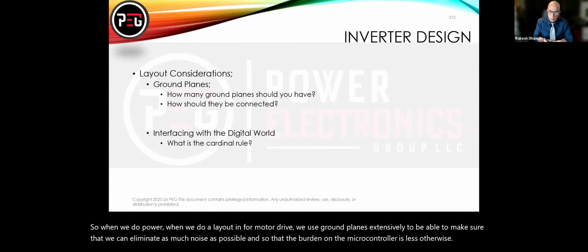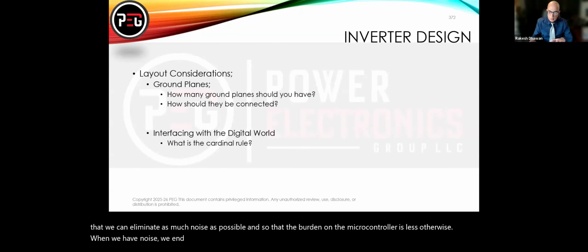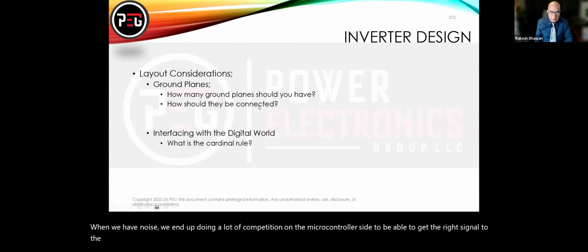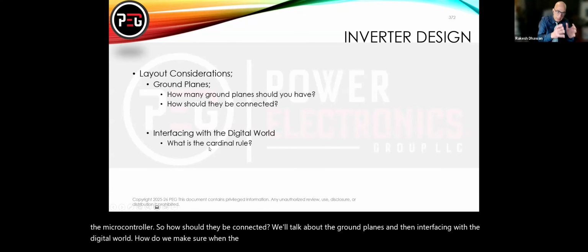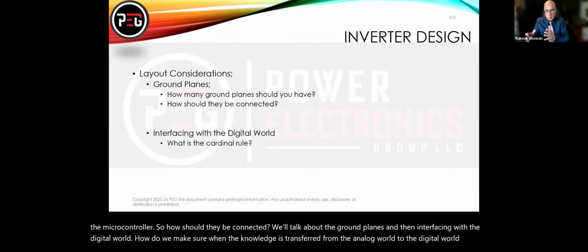Otherwise, when we have noise, we end up doing a lot of computation on the microcontroller side to get the right signal. So how should they be connected? We'll talk about the ground planes, and then interfacing with the digital world. How do we make sure that when the signal is transferred from the analog world to the digital world, it is transferred with the least amount of noise?